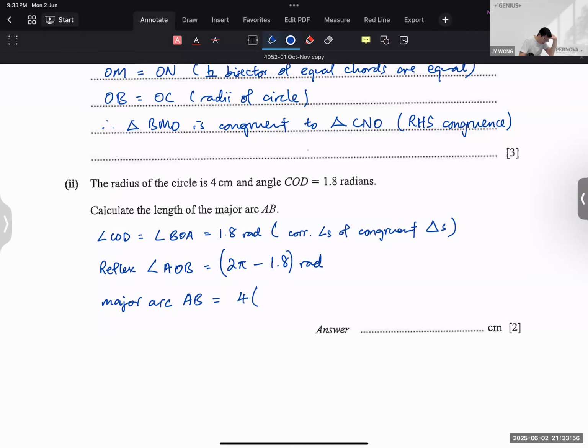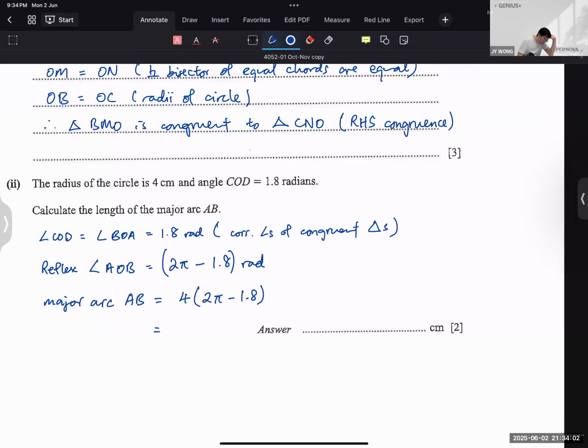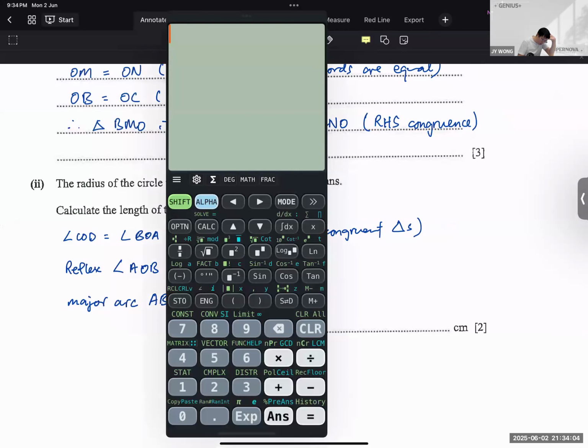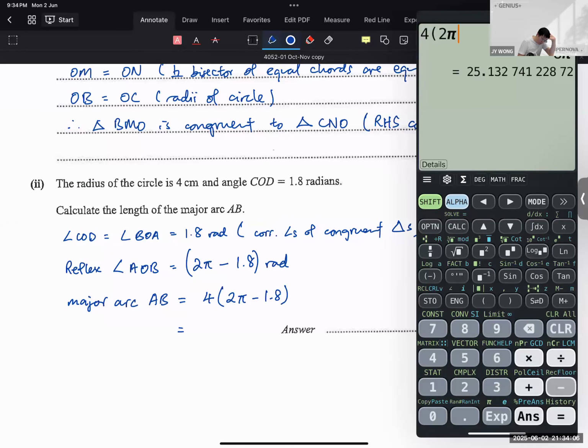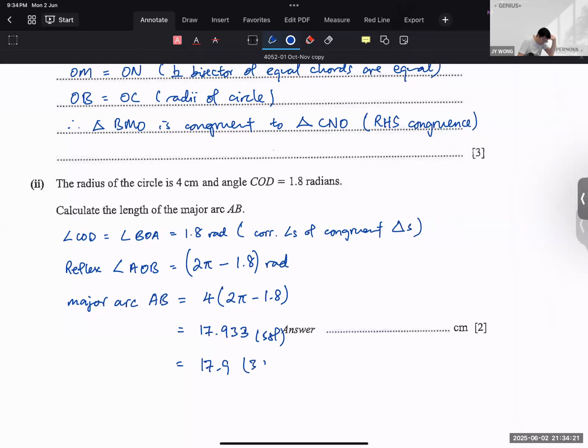So radius times theta, which will give you, press your calculator, 17.933 in 5 significant figures, although actually I won't need the question anymore, so there's technically no need to do that. Okay, so 17.9.